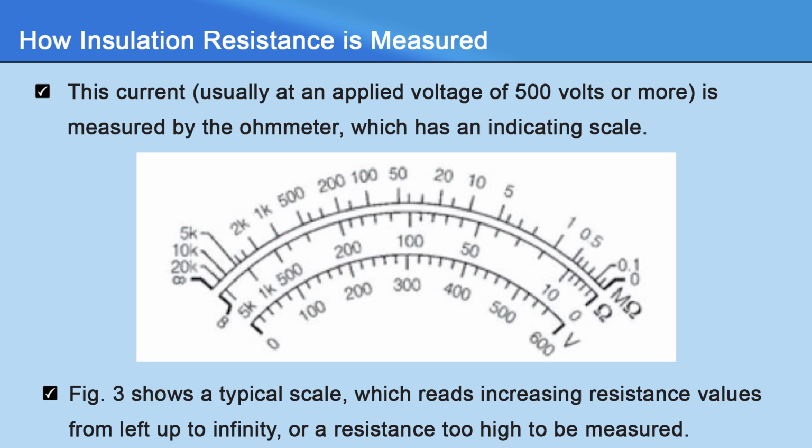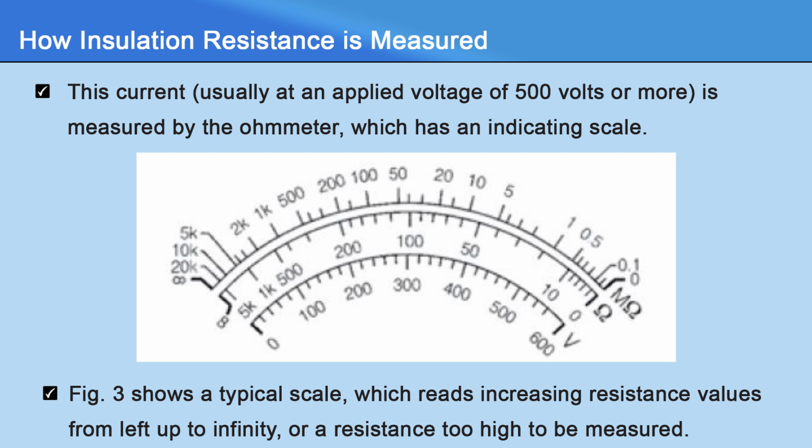This current, usually at an applied voltage of 500 volts or more, is measured by the ohmmeter, which has an indicating scale. Figure 3 shows a typical scale on the Megger insulation tester, which has more than one scale of different ratings. One is of ohm and another is of megohm.